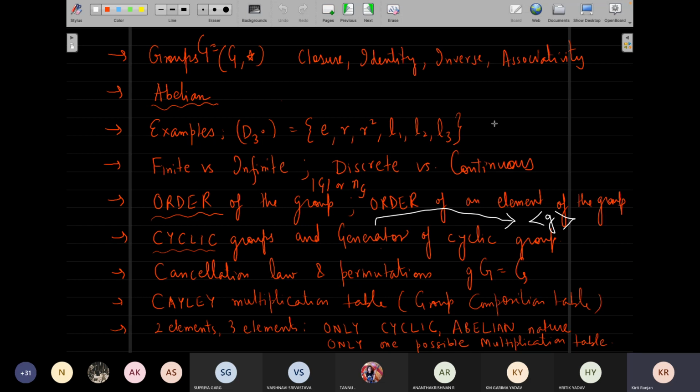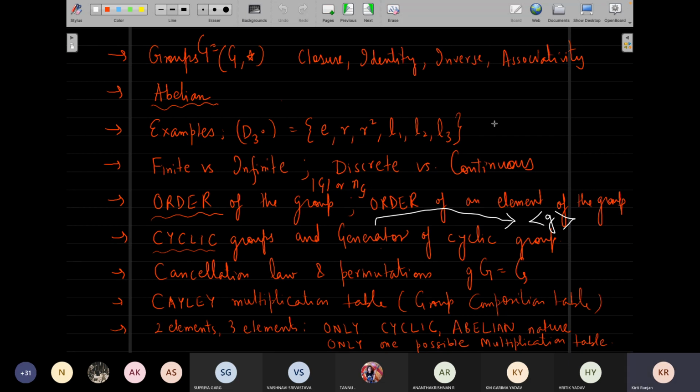Then we discussed cyclic groups, those groups which are generated by a single element, the generator of the cyclic group. Since they are generated by a single element, it is common practice to write the group in angle brackets with this element, which is the generator of the group.